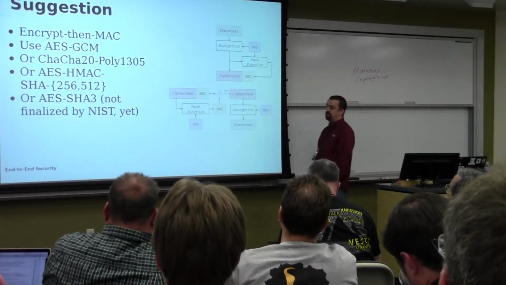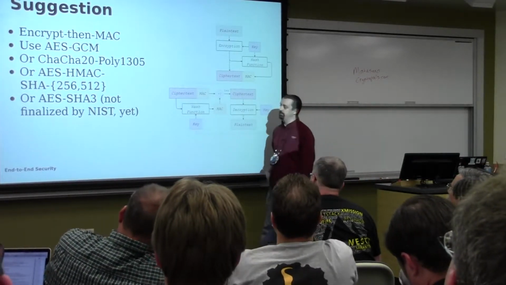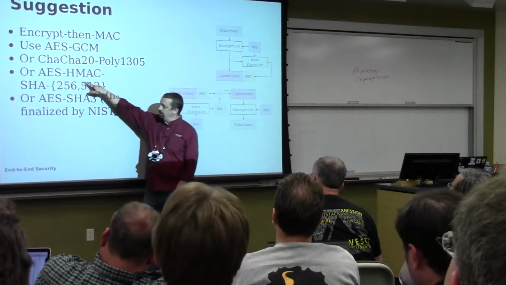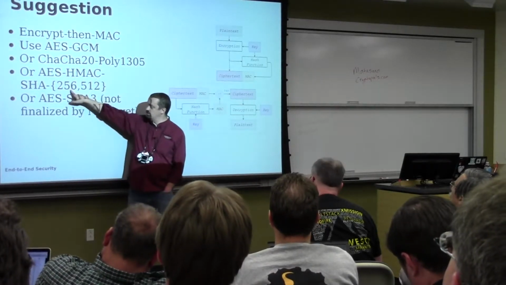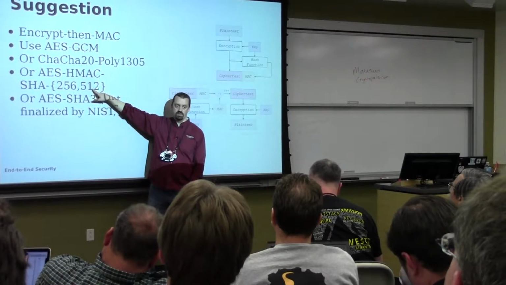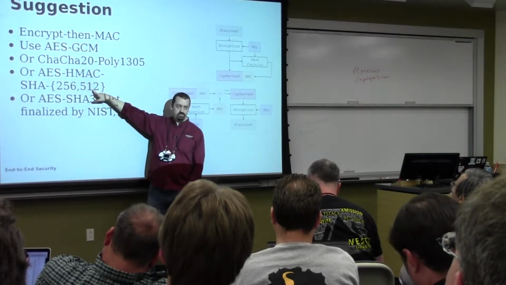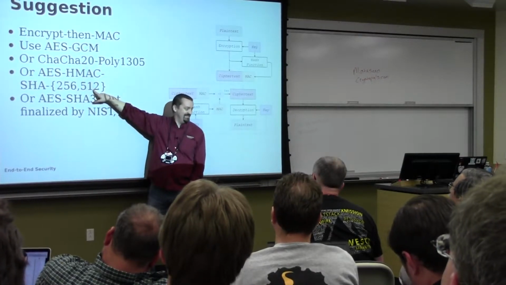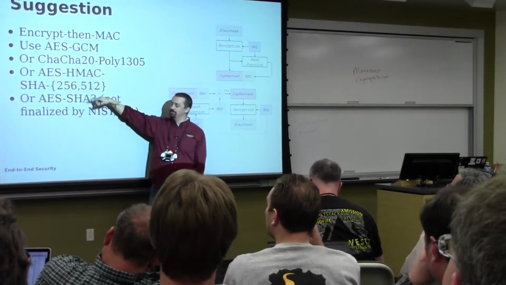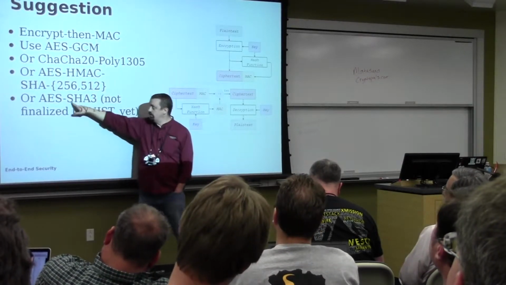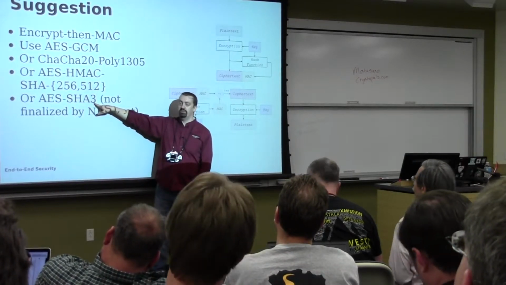But if I wanted to do things manually, then I would recommend using either AES with HMAC SHA-256 or SHA-512. SHA-512 is just doing it because you can, not because you need to. Or using AES and SHA-3.